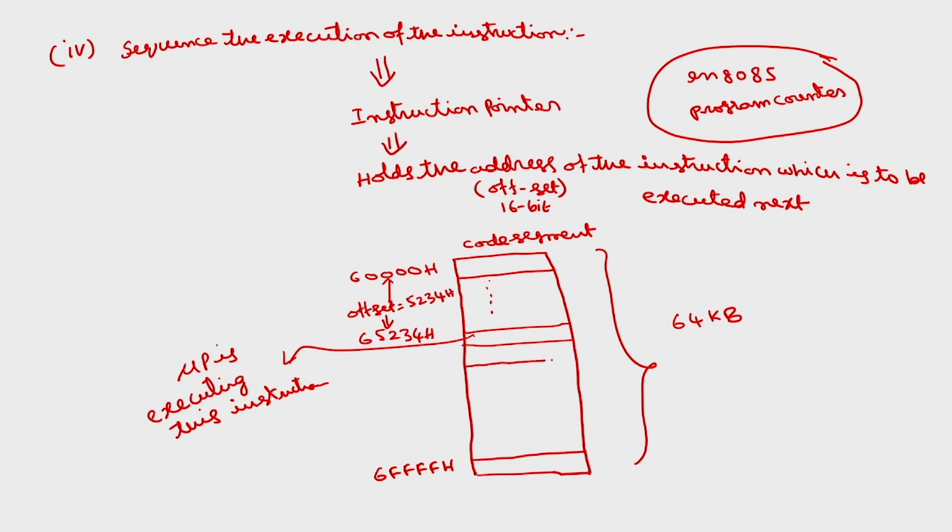If I assume that this is a single byte instruction, the address of the next instruction to be executed will be 65235H. This is the physical address of the instruction to be executed next.